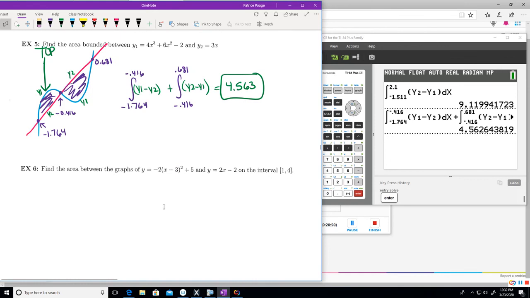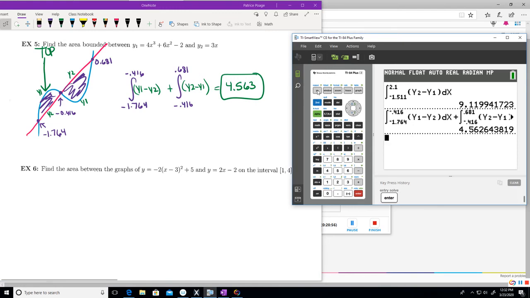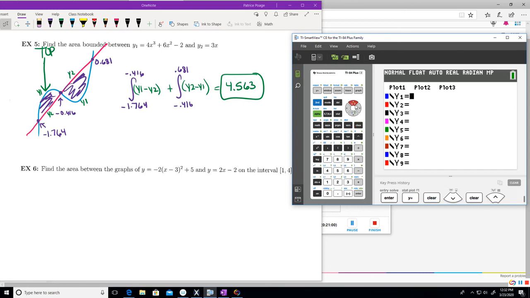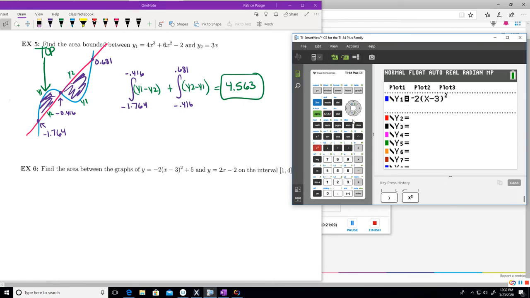And on this one it says, find the area between these two graphs on the interval from 1 to 4. So I'm going to go to Y equals and clear those out and graph negative 2 times x minus 3 squared plus 5 and then 2x minus 2.